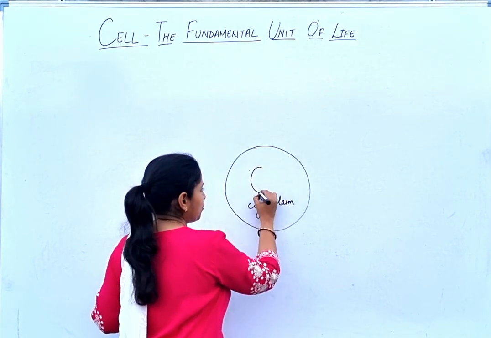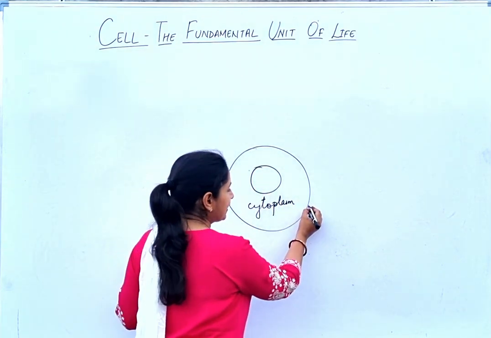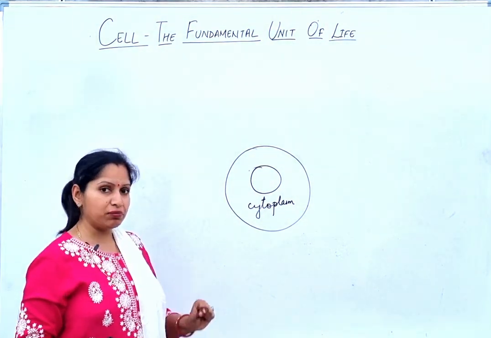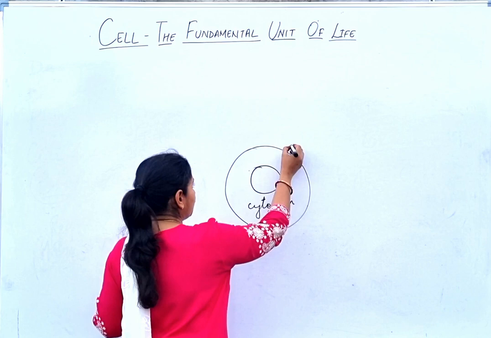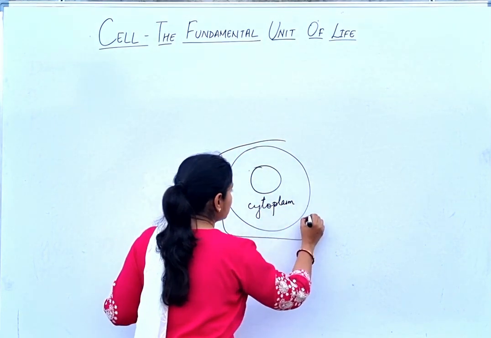Inside the cell, there was a cell nucleus, and we have seen that this layer was known as the cell membrane.